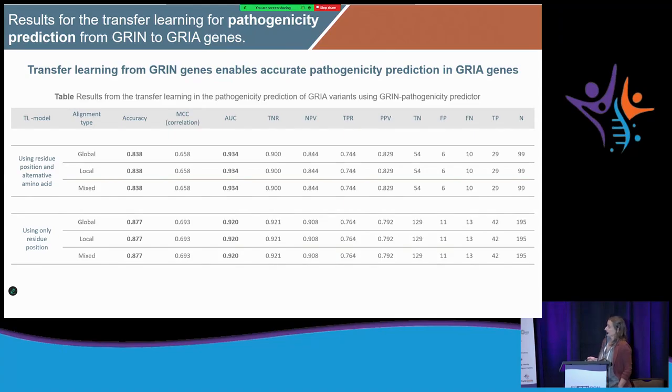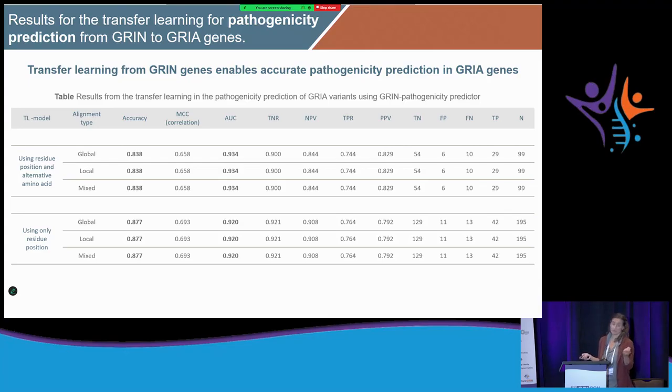These are the results that we obtained when we applied this transfer learning for the pathogenicity predictor. We applied two different transfer learnings. In one, we retrieve the prediction when it is the same residue at the same position and the same alternative residue, so exactly the same variant in the GRIN data set.